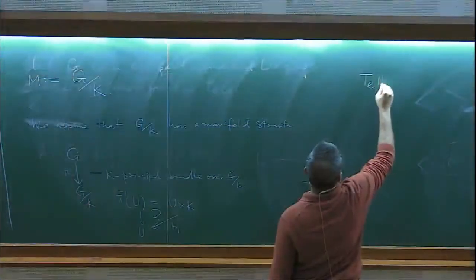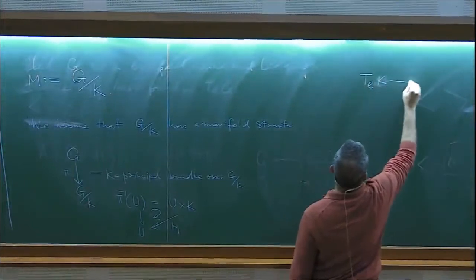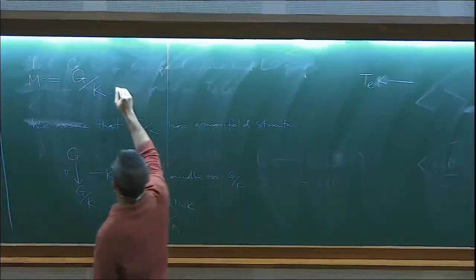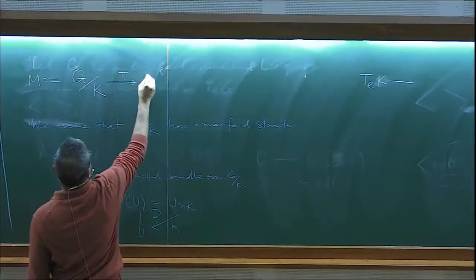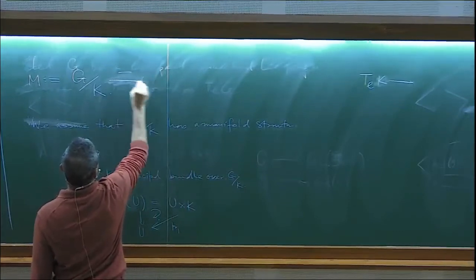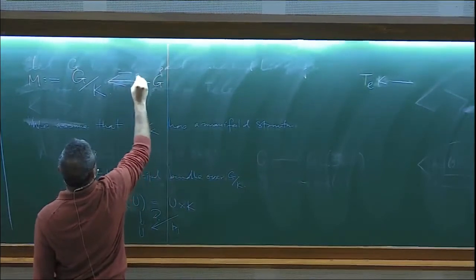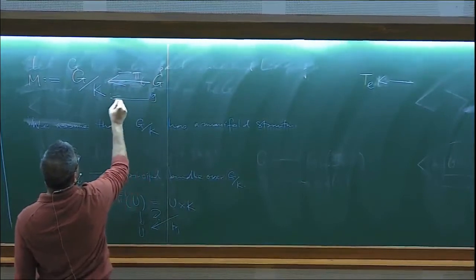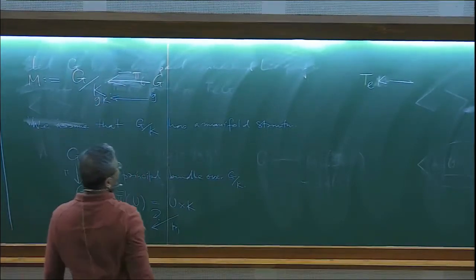I'm going to assume this, and so my underlying manifold is G mod K, and I have this projection pi, sending G to the left coset, okay?